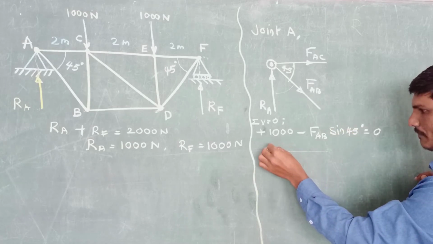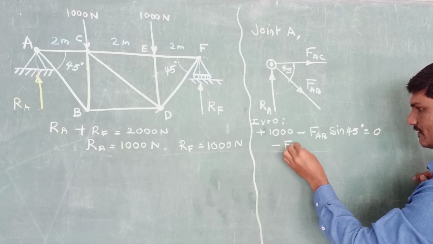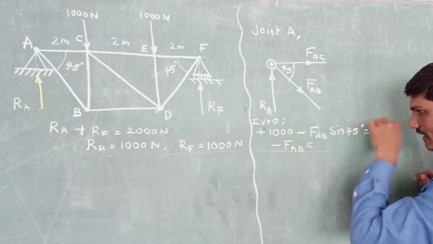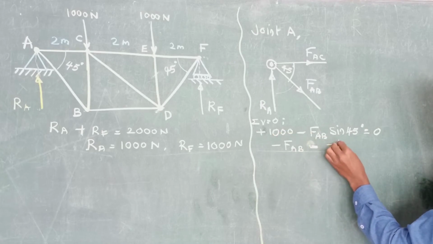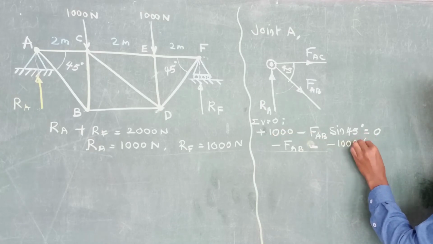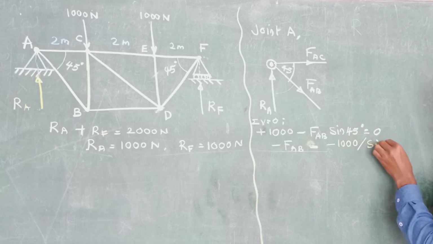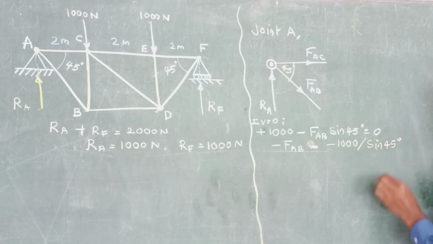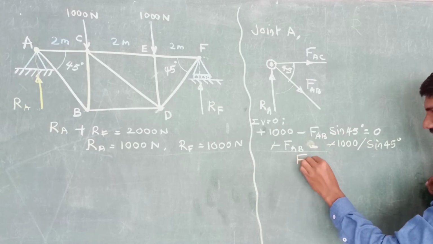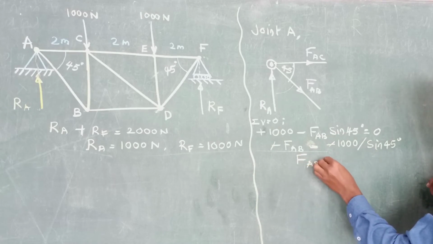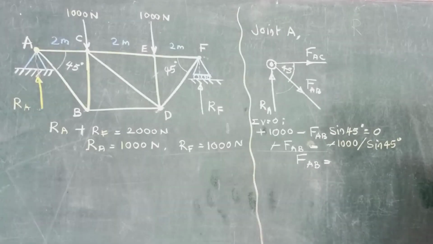So FAB is equal to 1000 divided by sine 45 degrees.